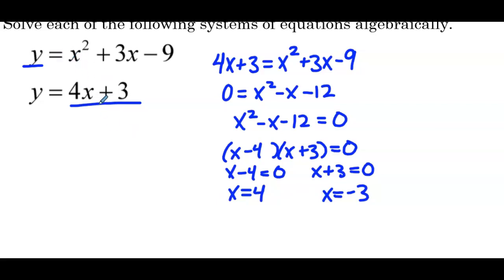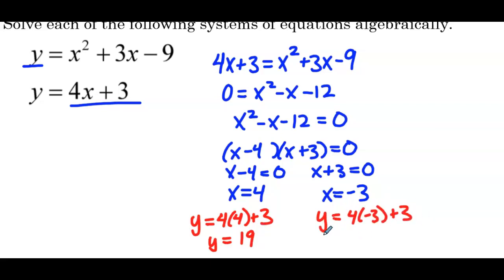Well, we can plug x into either of the 2 equations, but plugging into the linear function is going to be significantly easier, in my opinion. So we're going to take x equals 4, plug that in, so we have y equals 4 times 4 plus 3. So y equals 16 plus 3, which is 19. And then here we have y equals 4 times negative 3 plus 3.